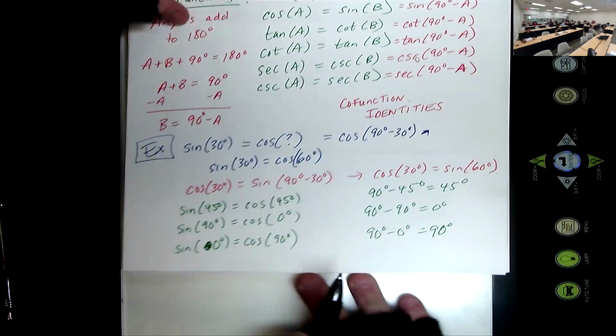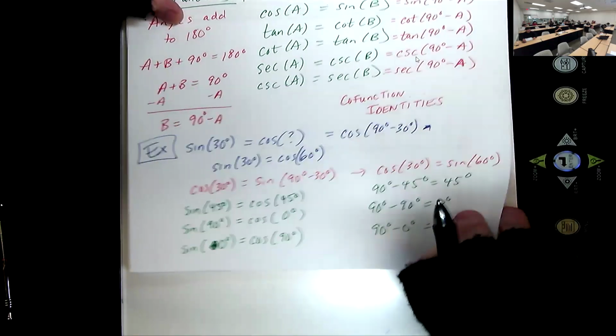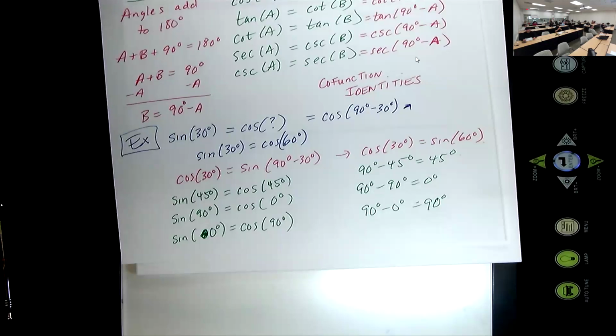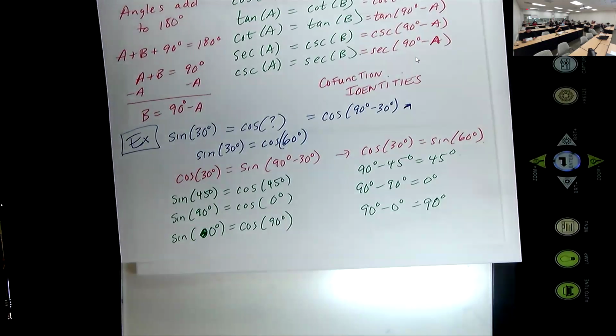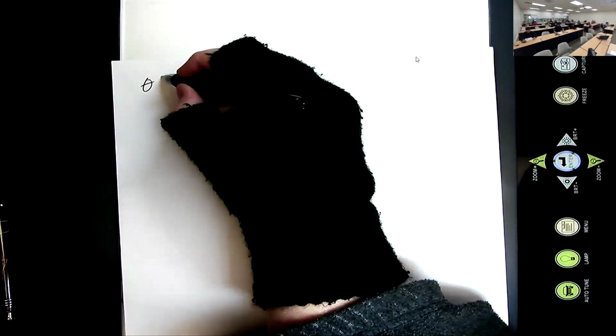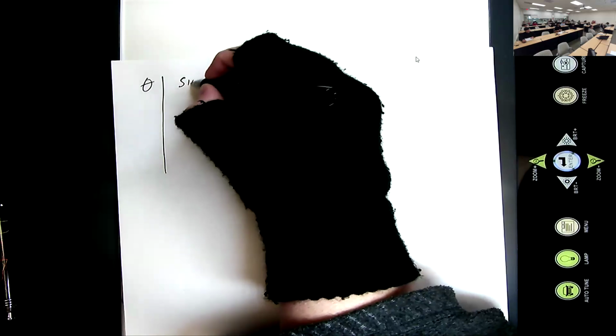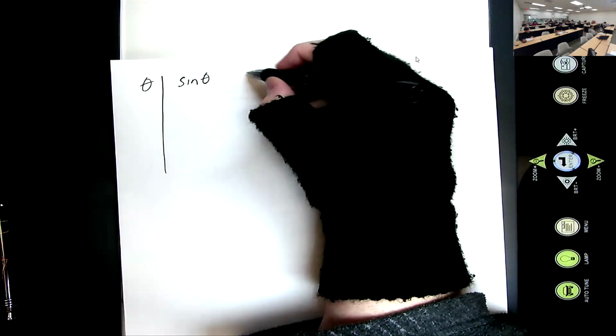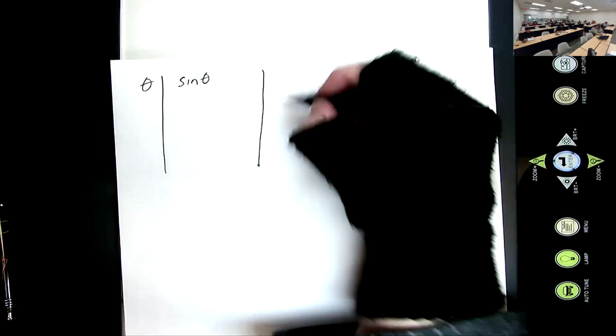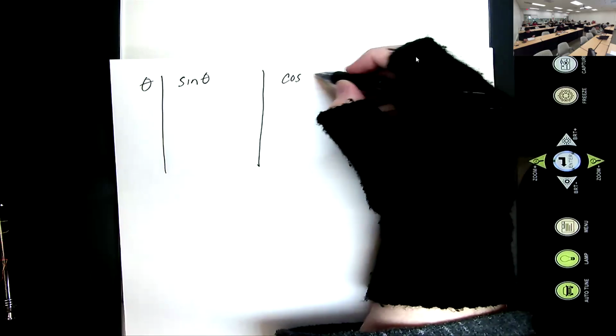All right, let's take a look at a table of values here. Does anyone need this up longer? All right. So let's make a column that says theta. Make a column that says sine theta and make it kind of wide because you're going to want room to write.